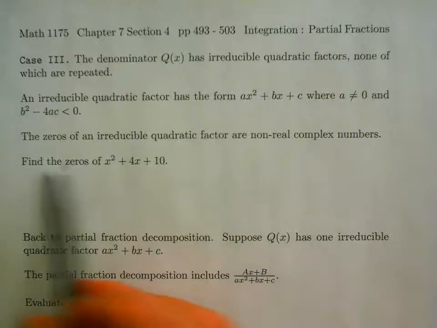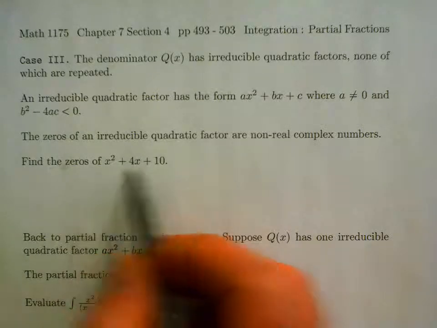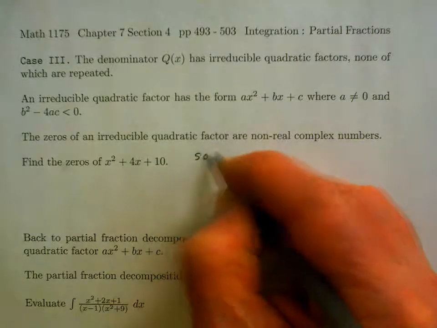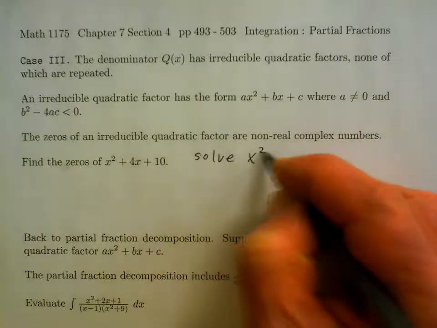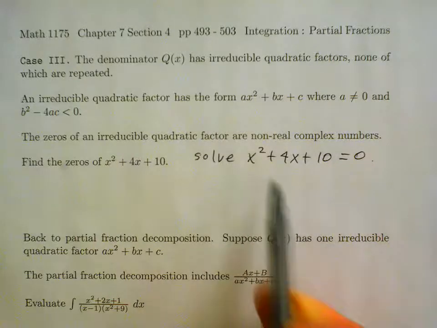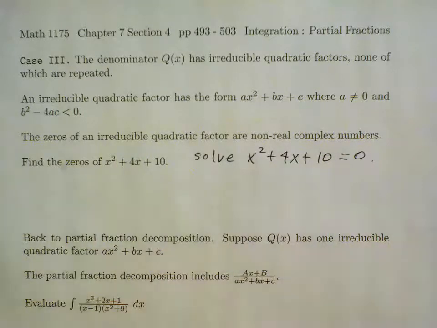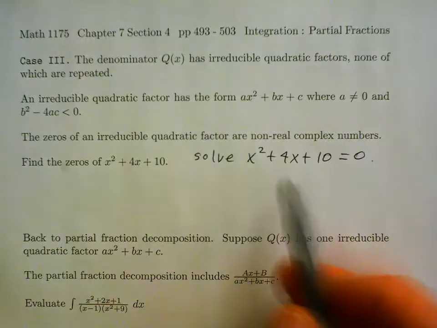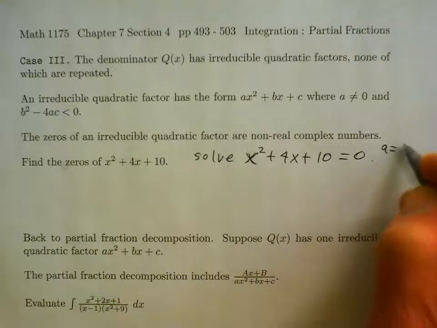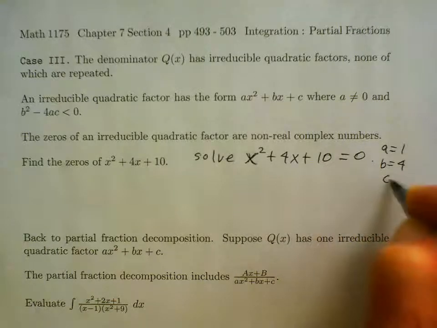So let's remind ourselves how to find the zeros of a quadratic expression. Find the zeros of x squared plus 4x plus 10. So all we do is, to find the answer, solve the equation x squared plus 4x plus 10 equals 0. The solutions are called the zeros. So we can always use the quadratic formula. In this case, a is 1, b is 4, and c is 10.